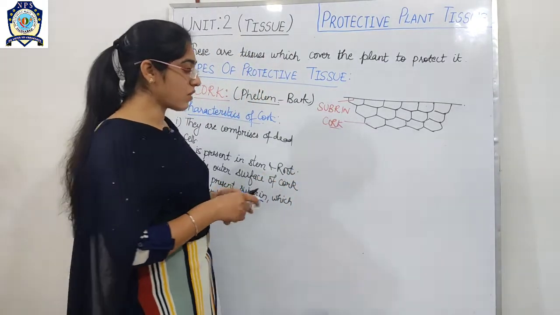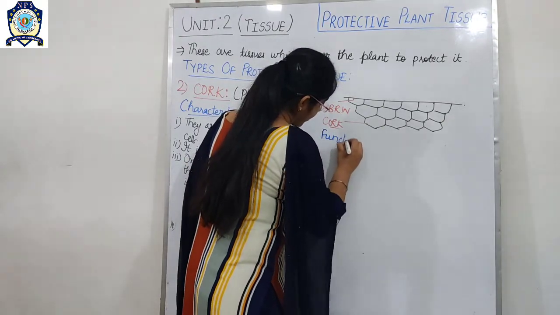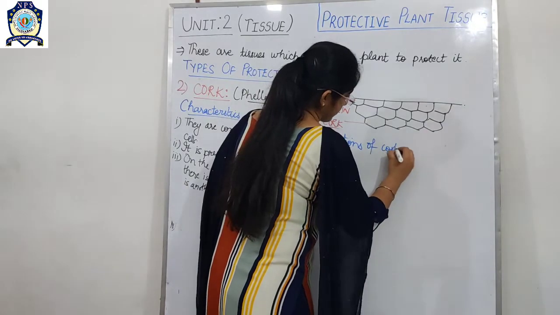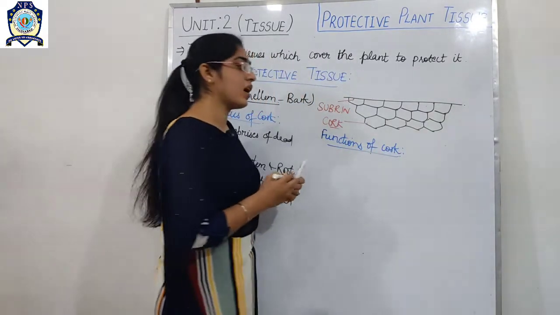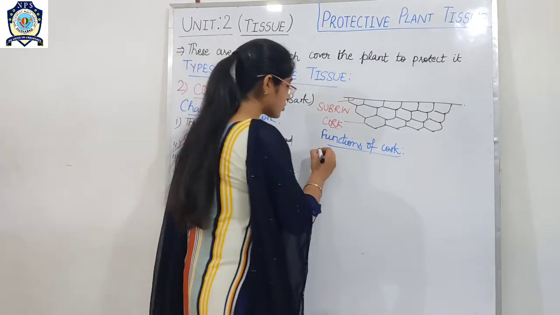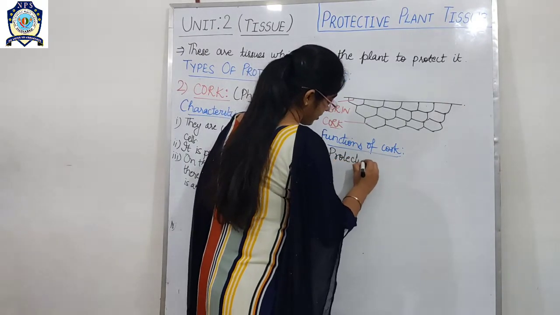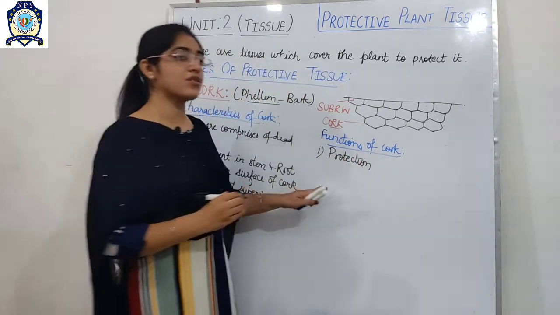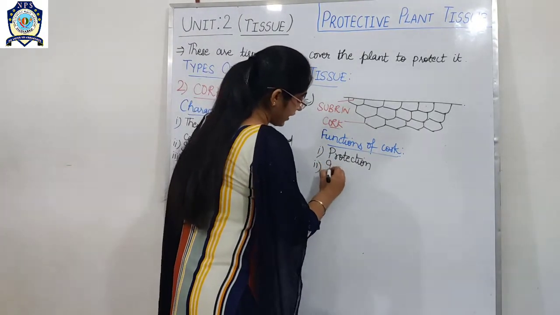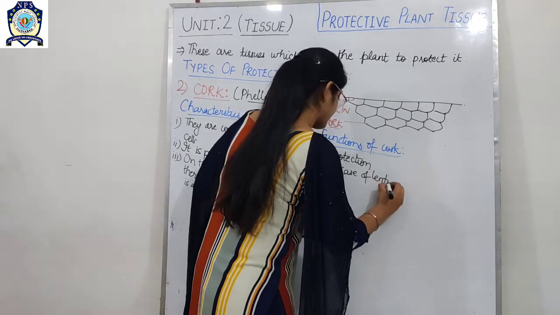Now let us talk about the important functions performed by the cork. As the name indicates, the first and most important function is protection. It helps in the protection of stem and root. The second one is in case of lenticels.